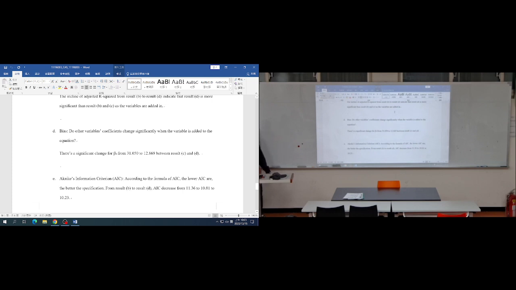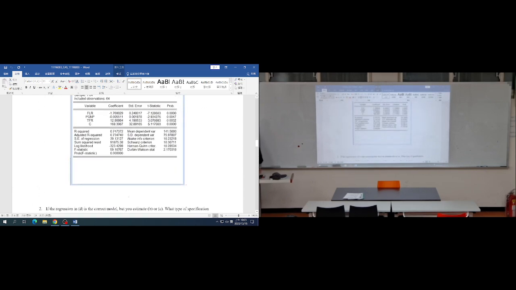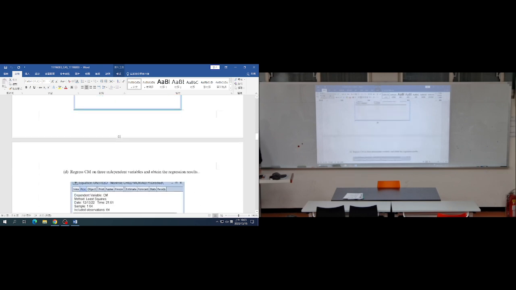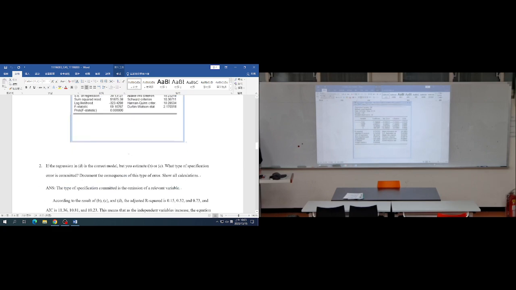So do other variables' coefficients change significantly when the variables are added to the equation? I think there's a significant change for beta 3, from 30.05 to 12.886, which is from this one with only 2 independent variables to this one with 3 independent variables.